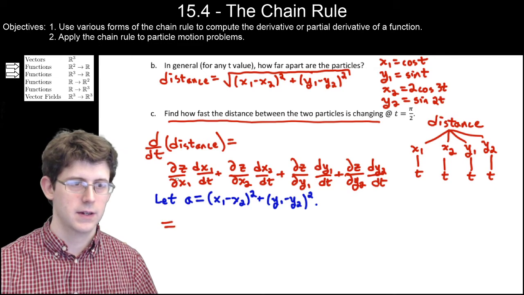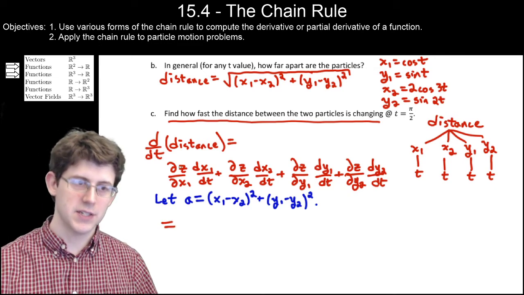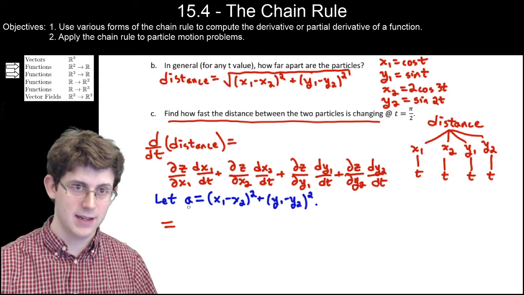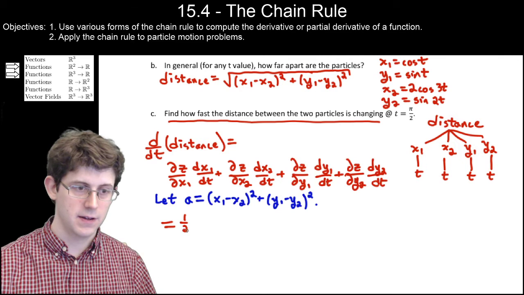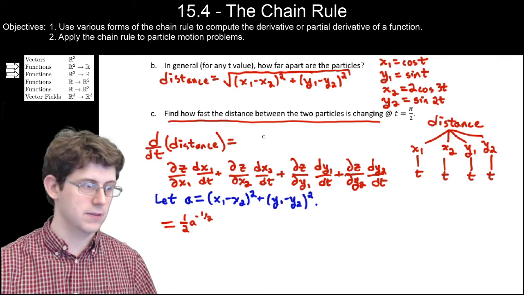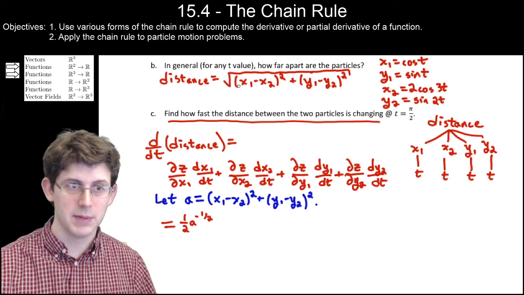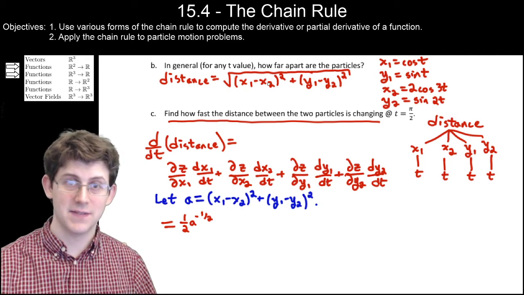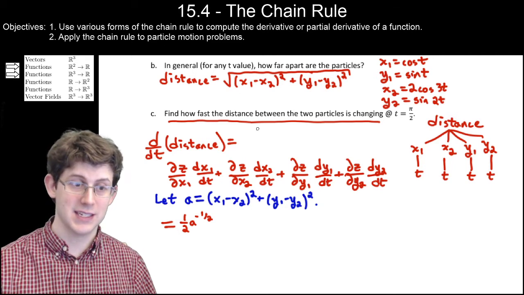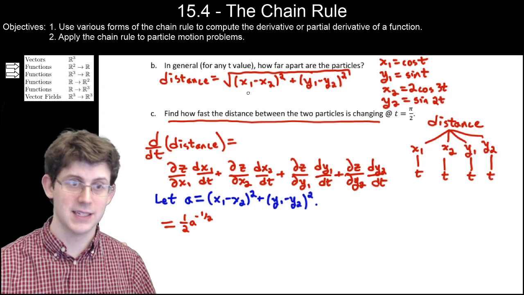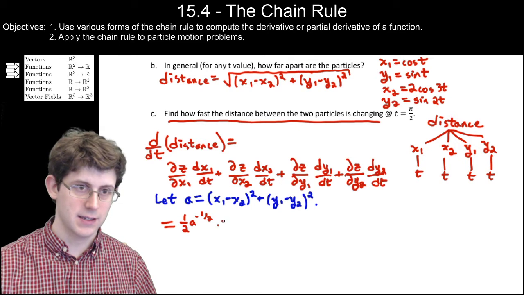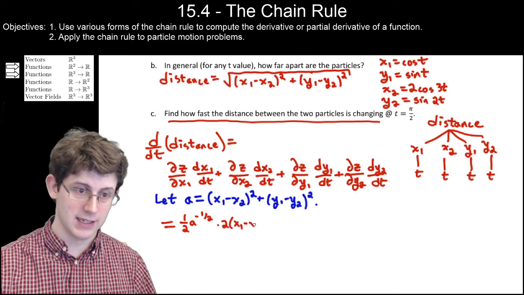Now when we do partial z partial x1, well, it's half of a to the minus a half. And then I need to finish up the chain rule. So that's multiplied by the derivative of the inside. But the derivative of the inside has a bunch of stuff that's all constants. The only part of this that's a variable in this perspective is the x1. So the derivative of the inside here is 2 times (x1 minus x2).